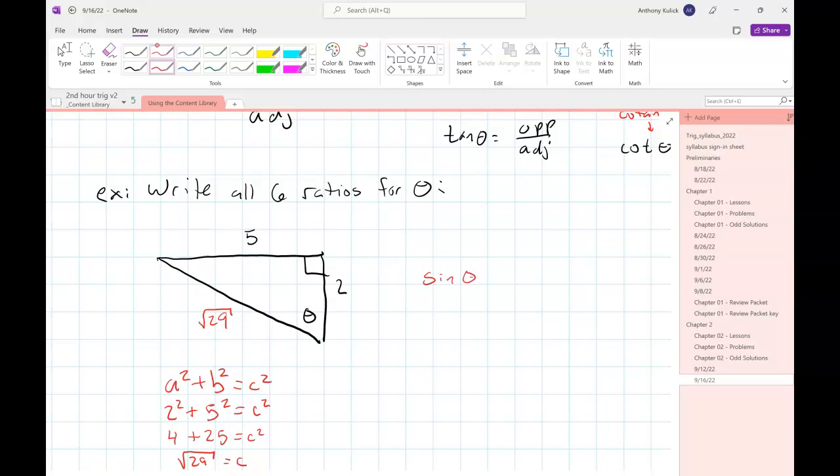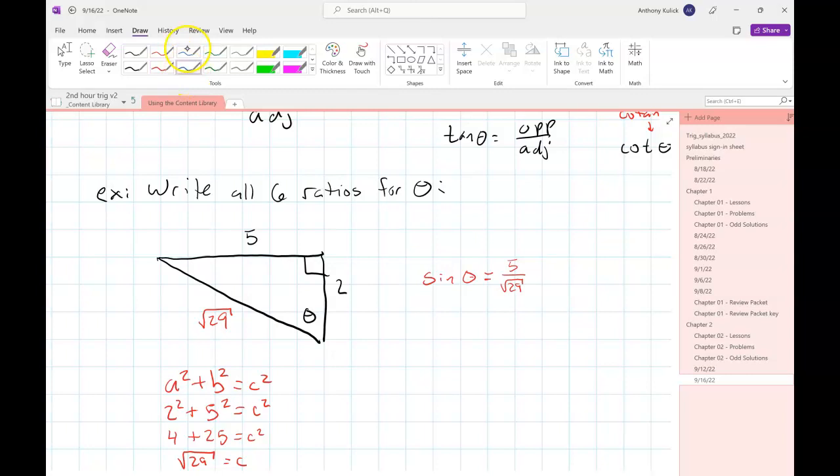Sine theta, what would I write? Five over the square root of 29, right? Do you suppose that's the best way to write that? What don't we like about this?